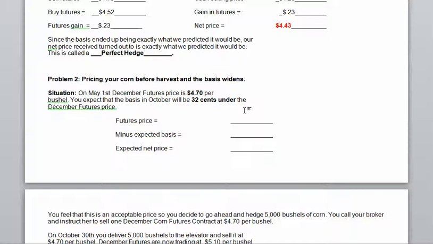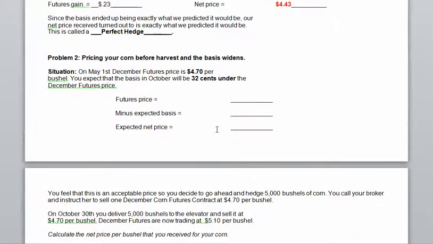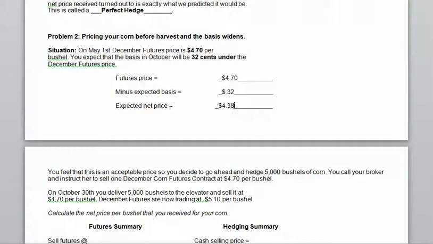Remember, basis is the difference between the futures price and the local cash price. So we predict we're going to sell at $4.20. We expect a basis of 32 cents under. That is an expected hedge price in this example of $4.38.